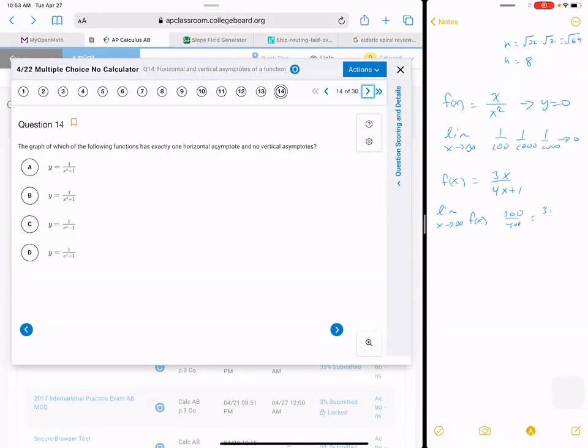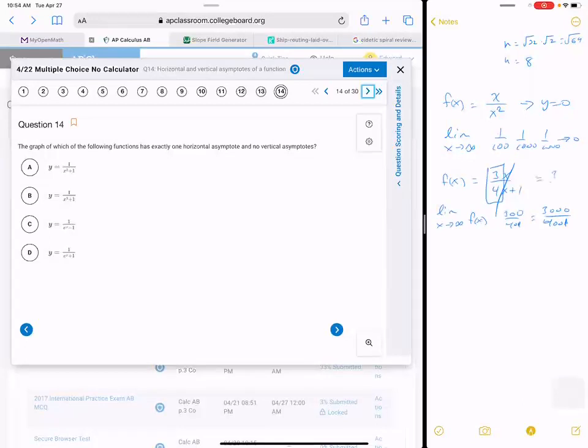What about 3,000 over 4,001? That's 3 over 4. The idea is that we just cancel them out and we just keep the front coefficients if they have the same exponent. Hopefully you guys remember that rule. If you don't, that's as simple as what it is. So this horizontal asymptote would have been 3 over 4.